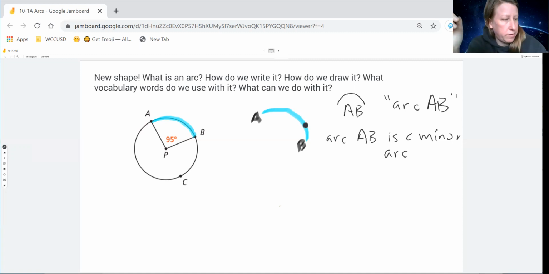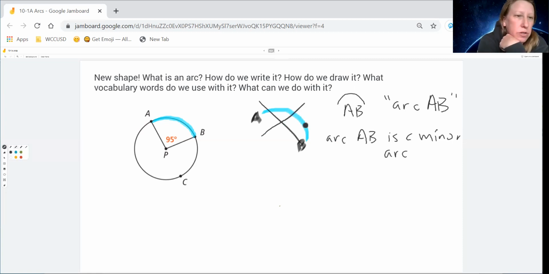All right, what else? What else can we do with arcs? Is there another arc AB? We would actually never draw it this way, but just to show you. What if I went the other direction from A to B?